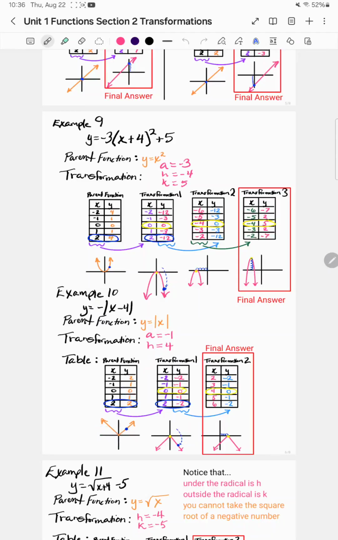Okay, because the way that you graph the coordinates is going to be different. Instead of making that curved U shape with my coordinates, I'm making straight lines. That's what absolute value bars do. Okay, so when I plot these coordinates, negative 2 goes to 2, negative 1 goes to 1, and 0 goes to 0. 2 goes to 2, and 1 goes to 1.